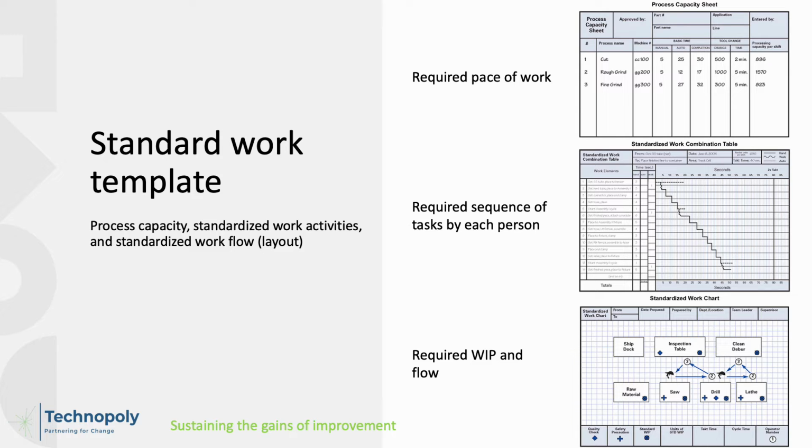They contain the required pace of work, which talks about the rate by which they produce. It also covers the sequence of the tasks done by each person and the required flow and inventory that is allowed to stay inside each process. These three concepts become the foundation of ensuring that the standard work is done properly.